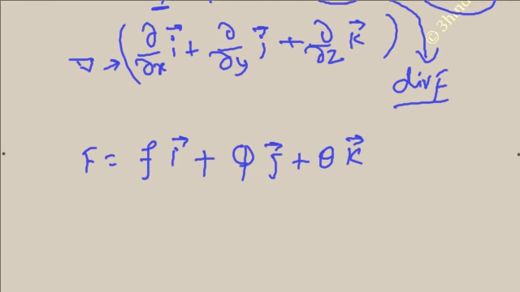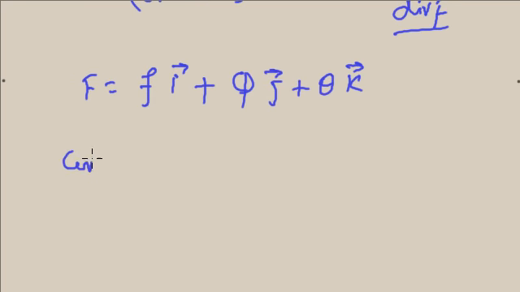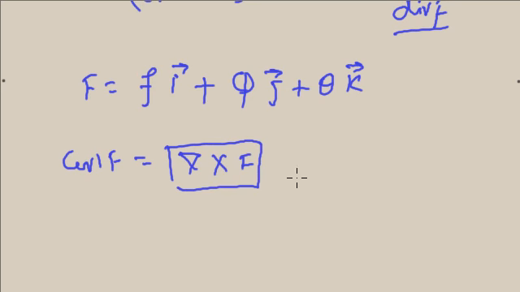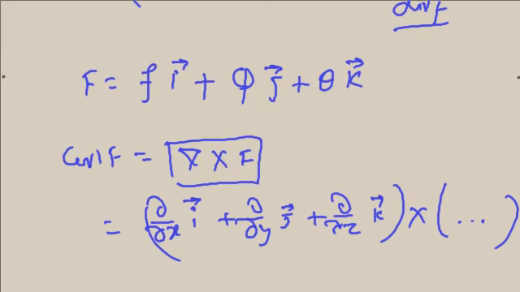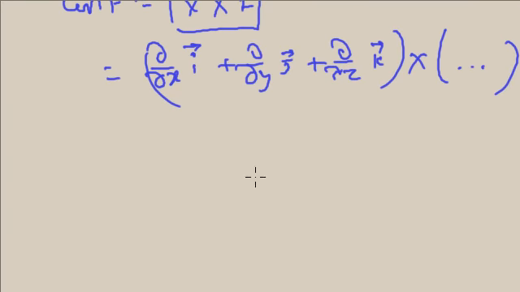So curl of f is del cross f. That means del is del by del x i, del by del y j, del by del z k, crossed with this function. I have already explained how to do the cross.